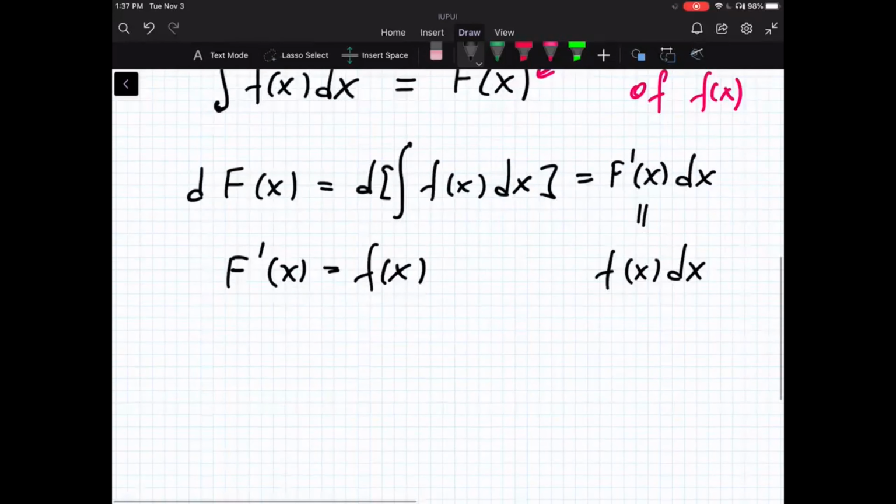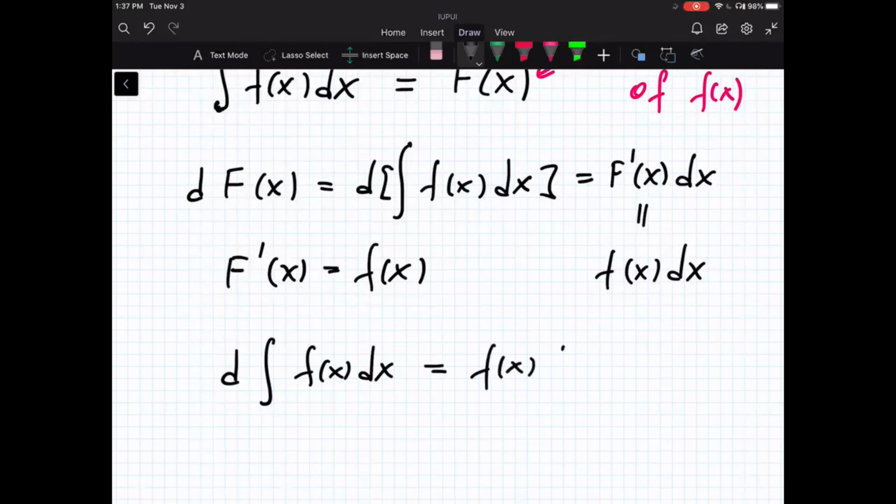And so we got that d of the integral of f of x dx, the differential of the whole indefinite integral, is f of x dx. So in some sense, differentiation and integration are inverse to each other.